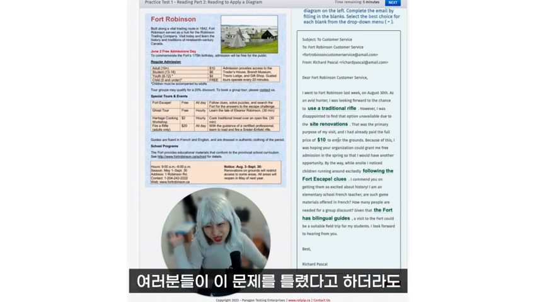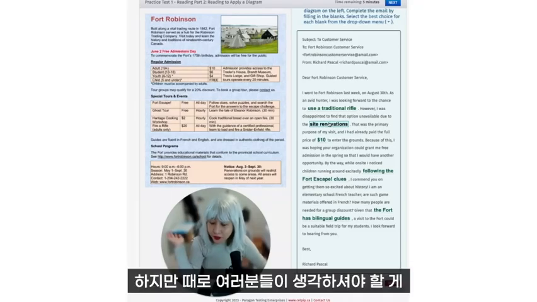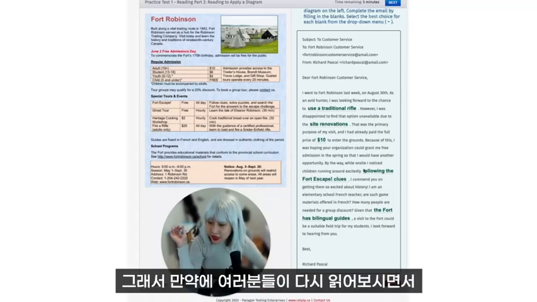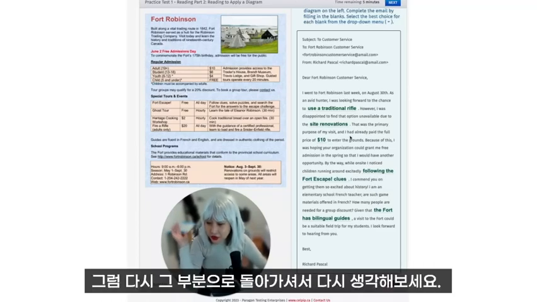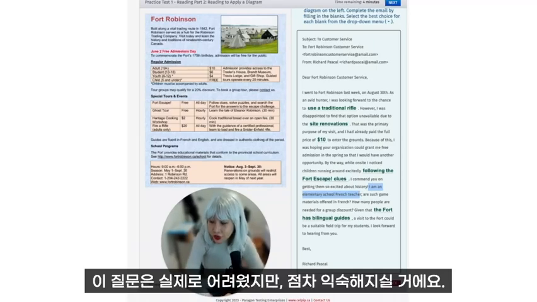If you did not get these answers, then it's not the end of the world, but sometimes you need to think, hey, all this information is there for some reason. So when you read it out and you feel like, oh, that does not sound right, then you just have to rethink and go back up there, and that might be the reason why. So please don't fall for this. I mean, this was an easy question to get right, but you'll get used to it.